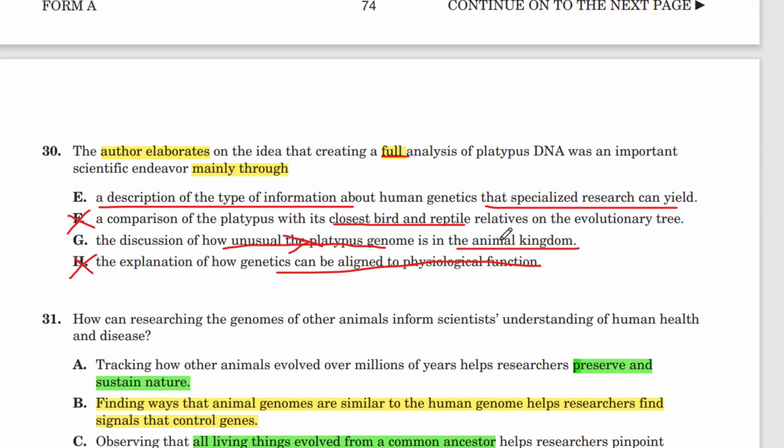And it talks about the animal kingdom, whereas E mentions human genetics. Remember, a lot of these benefits of the study of the DNA of the platypus was for human disease, to learn more about it. So E picks up on that idea. I think that's the correct answer for number 30. These are the types of things, what we can learn from DNA analysis. The author highlights that in several of the paragraphs throughout.